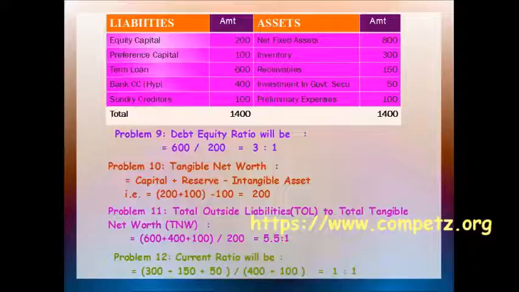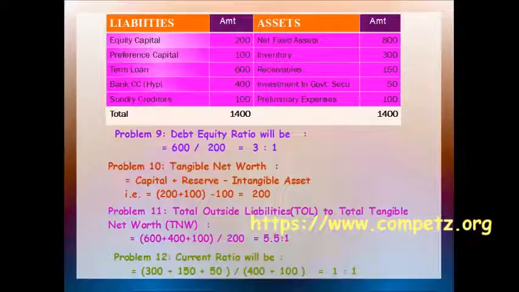Okay friends, the next ratio to compute is your tangible net worth. So what is tangible net worth? It is relevant and it's an indicator to assess the real value of a company or a firm based on the balance sheet given. For it we require capital plus reserves minus your intangible assets.